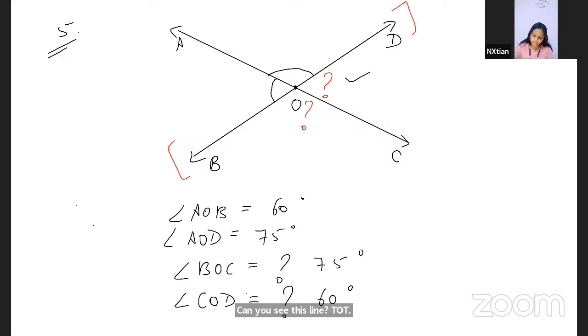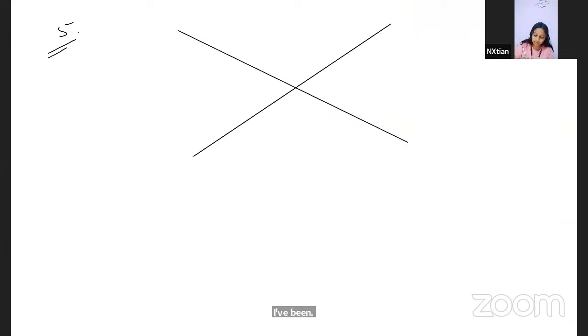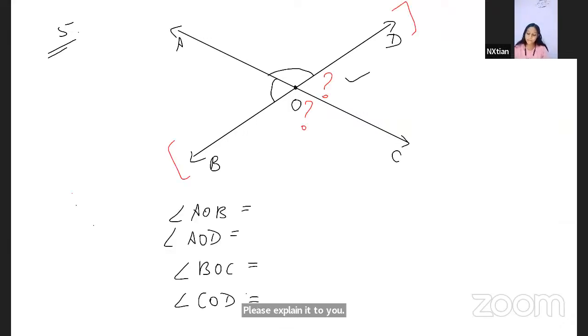Okay, so what is happening? I will re-explain it to you. Here it is forming a supplementary angle. BOD is a straight line, and BOA, that is this angle, and AOD, which is this angle, are supplementary angles because they are on the straight line BOD.